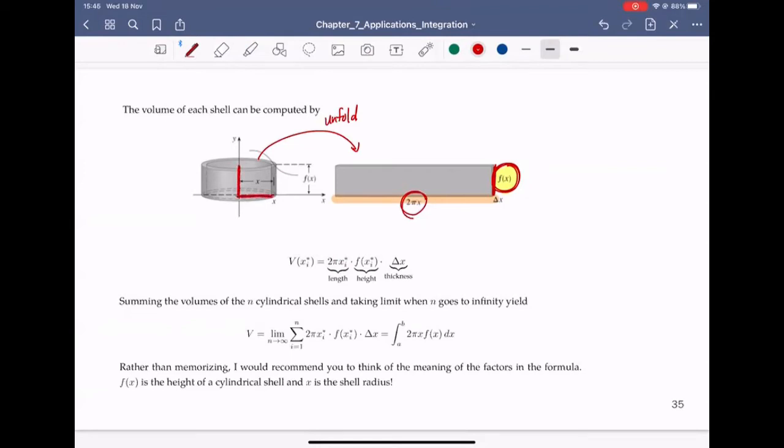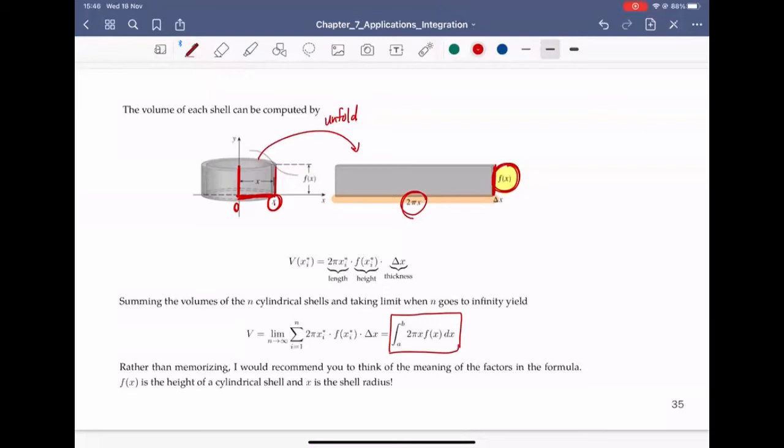You just measure from that point, x, to the axis at 0, which is x minus 0, giving 2 pi x. So actually, this is the formula for the shell method: integrate from a to b of 2 pi x times f(x) dx.